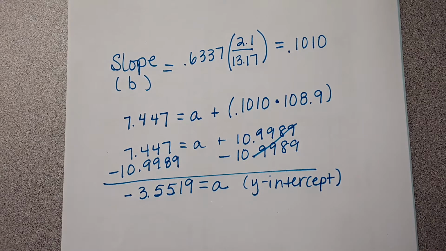Now, here's the key though. Once you go to write your least squares regression line, you have to put it in context of the problem. If you do not put it in context for this part, you will go from an E to a P instantly. The problem is asking about IQ and GPA.